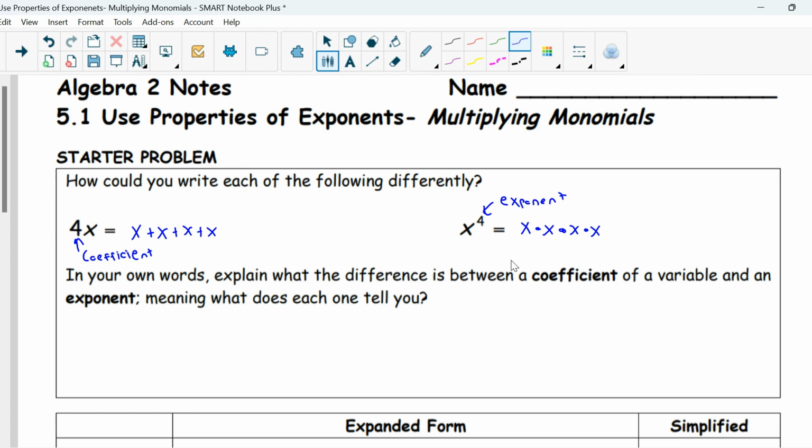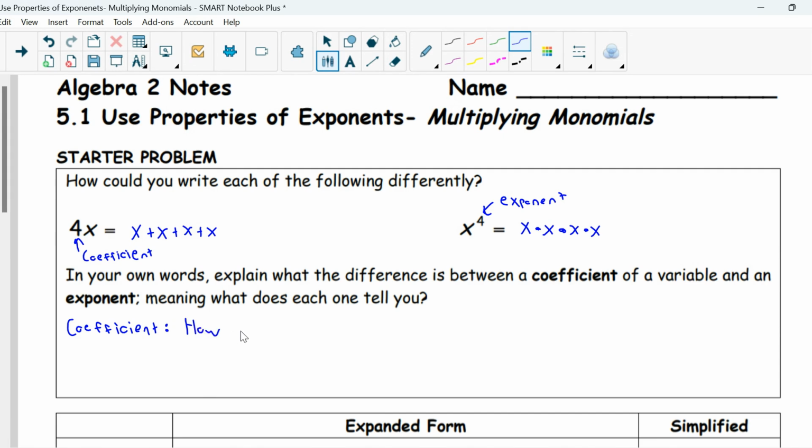So in our own words, explain the difference between a coefficient of a variable and an exponent. What does each tell you? Let's start with the coefficient. Remember, the coefficient tells me how many times the variable is being added.